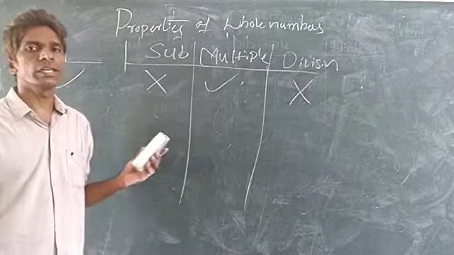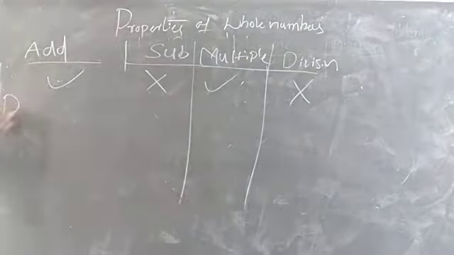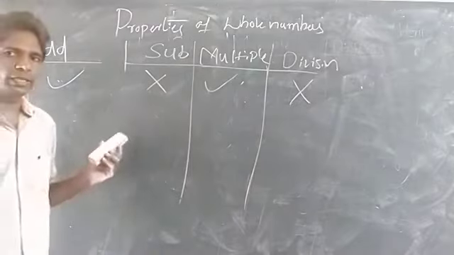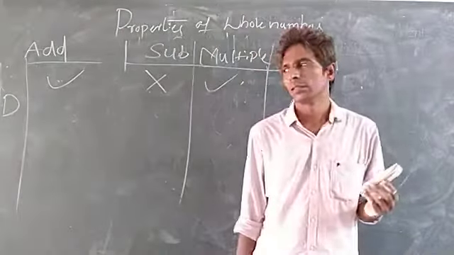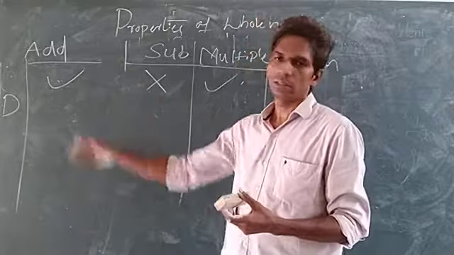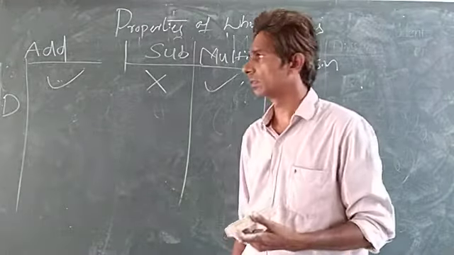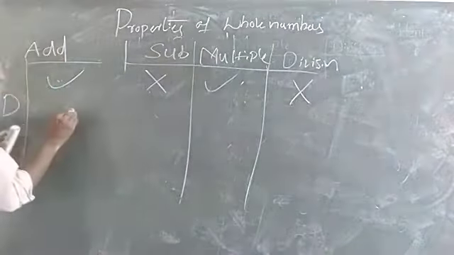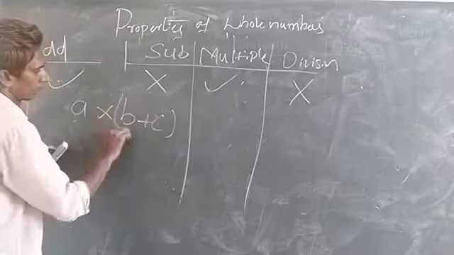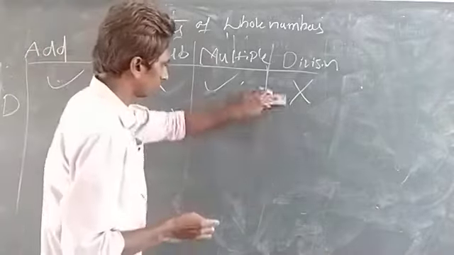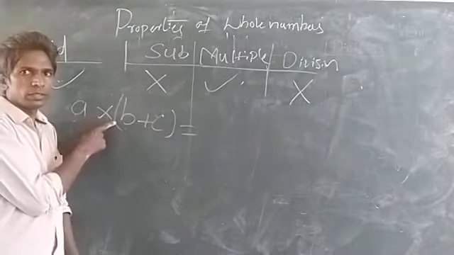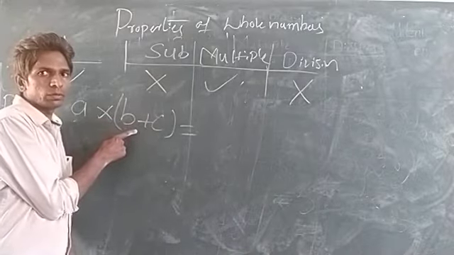These are the associative properties. Now the next one is distribution. In our textbooks we have only one distribution property given: distribution under multiplication. That is a into (b plus c) equals a into b plus a into c. Here a is the product, and in the brackets we have plus.